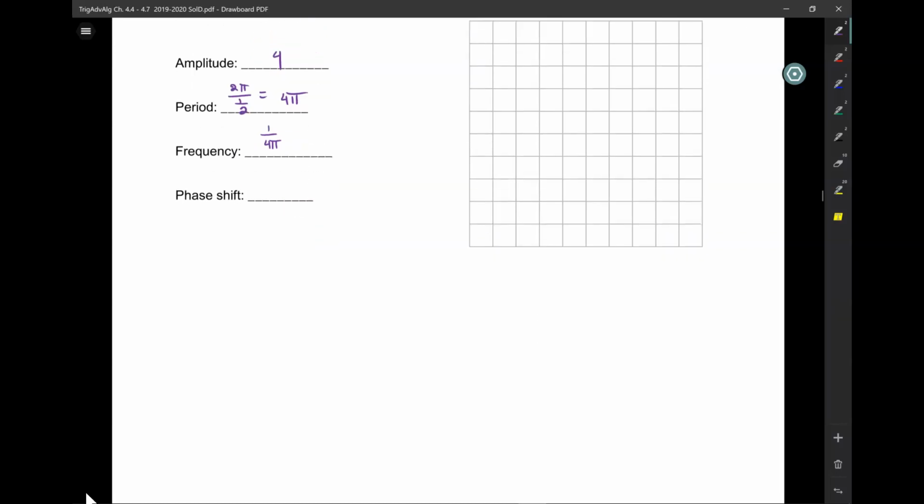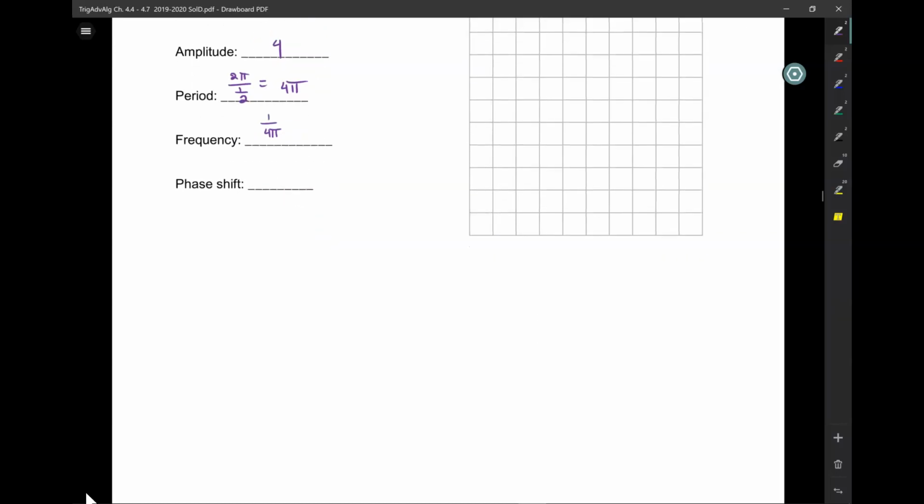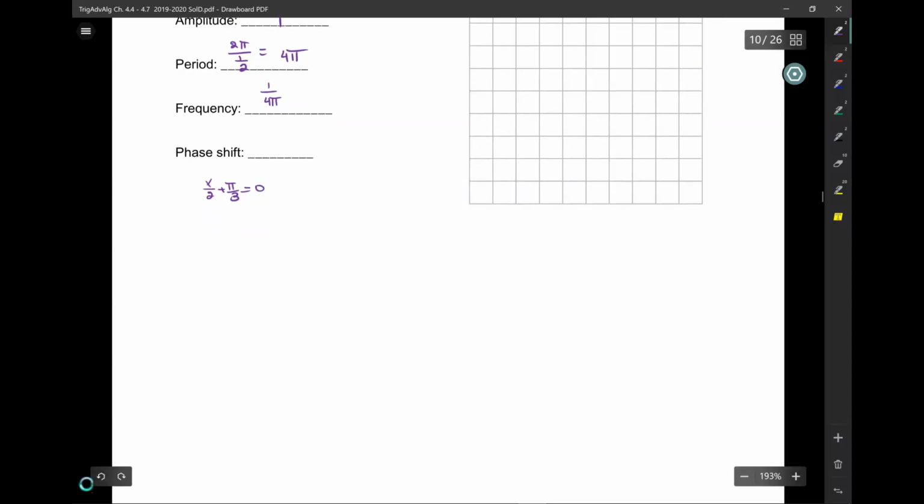So how do we do phase shift? We're going to take this and set it equal to 0. Okay, what do I do for the pi over 3? Add, subtract, multiply, or divide? Subtract pi over 3. So x over 2 is negative pi over 3.